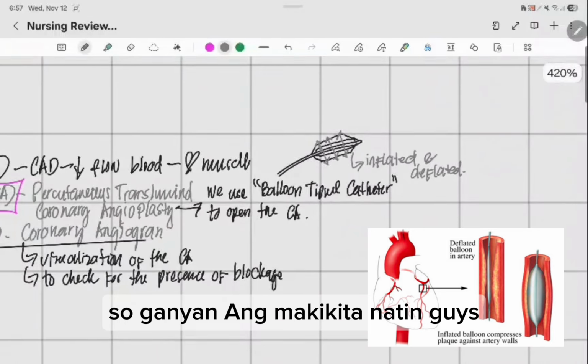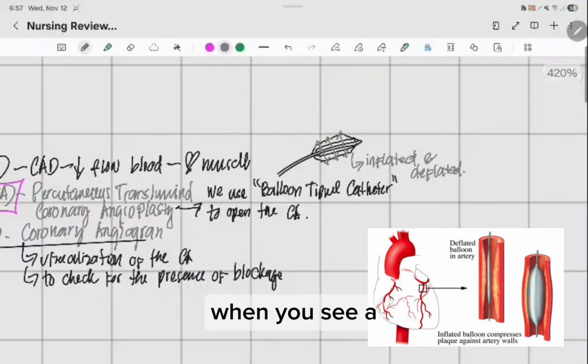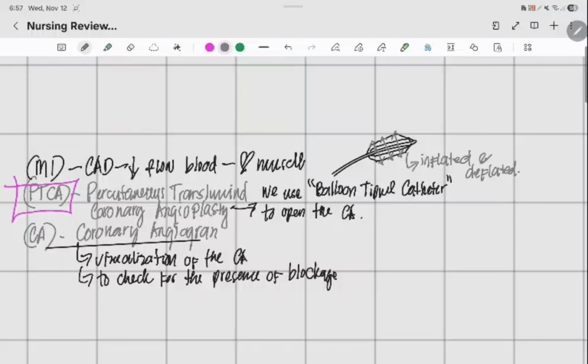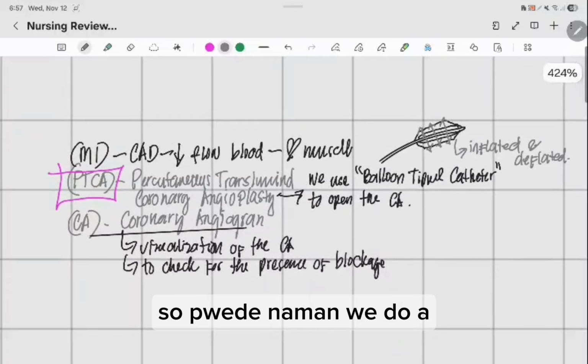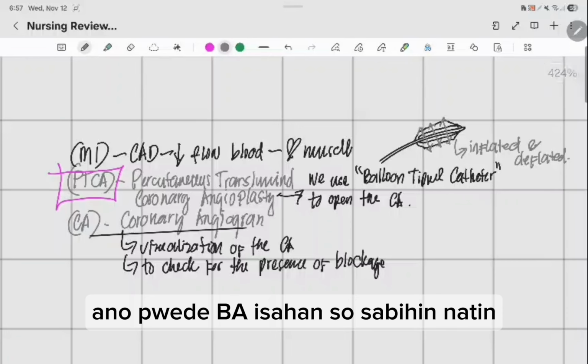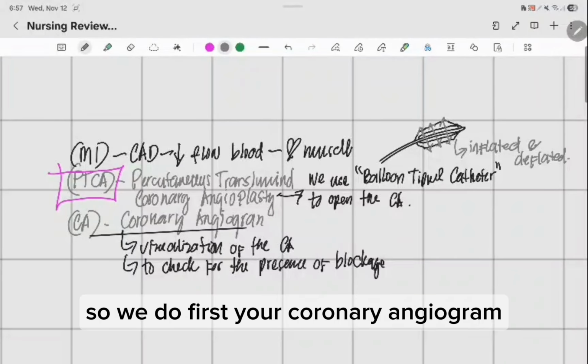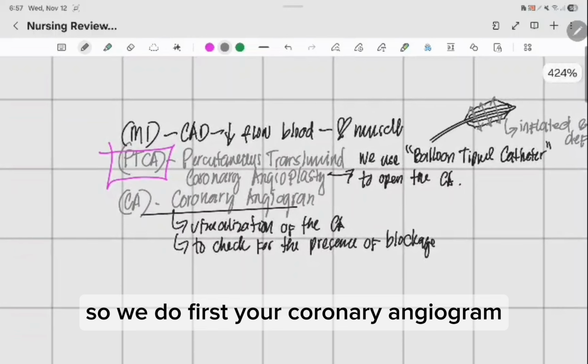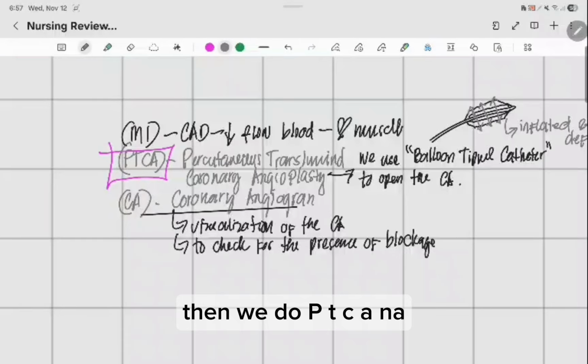So ganyan na makikita natin, guys, when we do PTCA for this patient. So pwede ba isahan? So sabihin natin, we call it double setup, no? So we do first your coronary angiogram, then we do PTCA na, we do angioplasty.